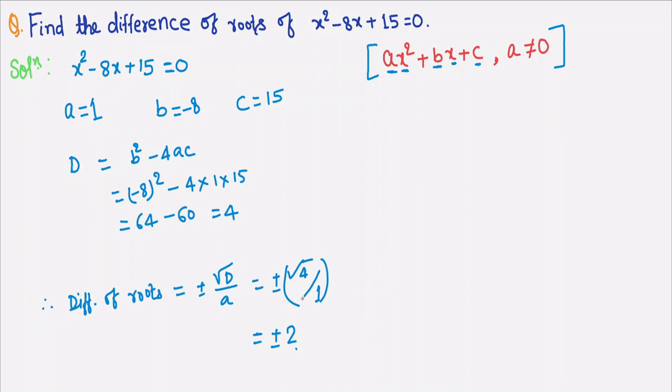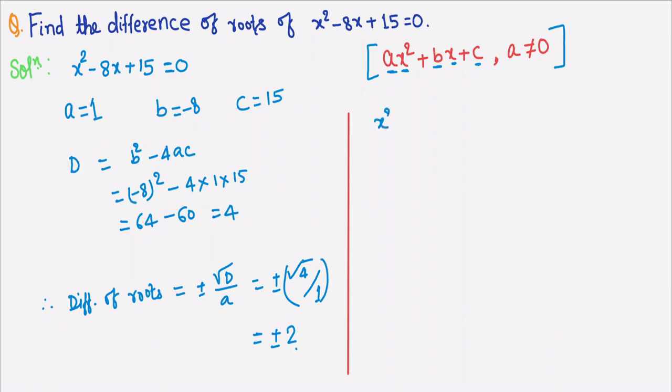Let's have a look at why it is plus and minus. In the previous video we told you that if this is the situation, then it will give you the positive difference, otherwise it will give you the negative difference. Let's solve this with the longer method.